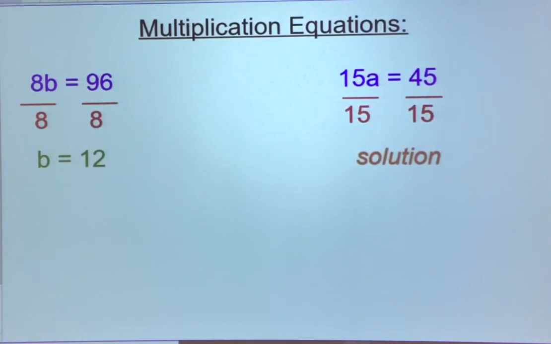And again, on the side with the variable, the 15's basically cancel out, but the math there is 15 divided by 15 is 1, and 1 times a is still just a. So we have the variable isolated. On the right-hand side of the equation, we have 45 divided by 15. Well, 45 divided by 15 is 3, so our solution to this side would be a is equal to 3.